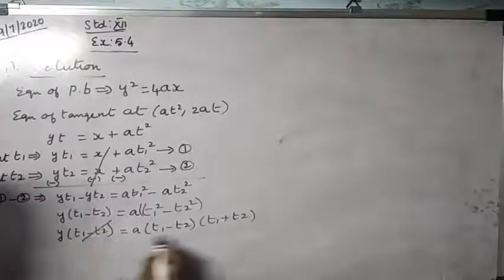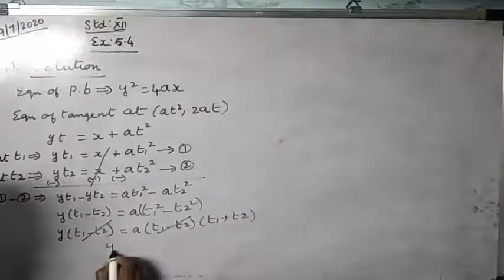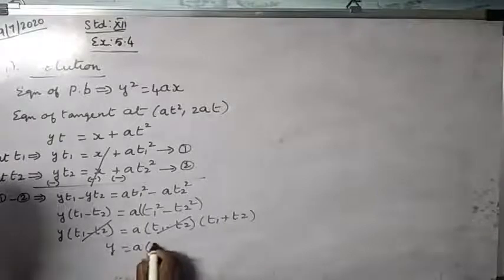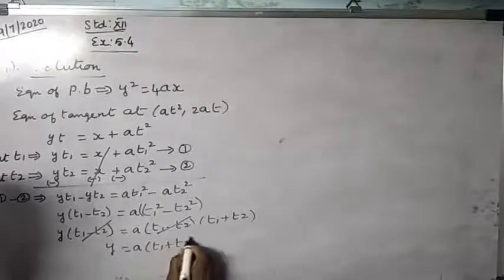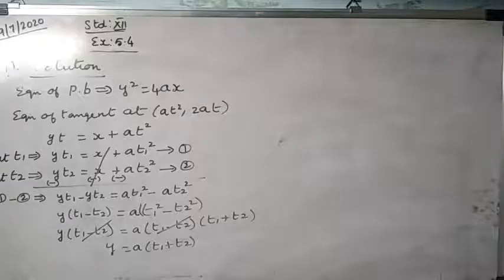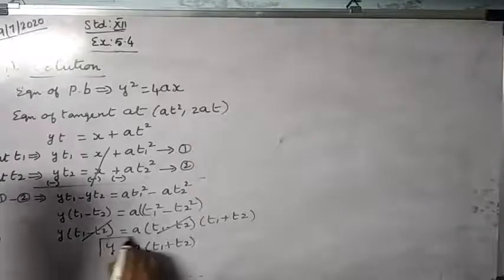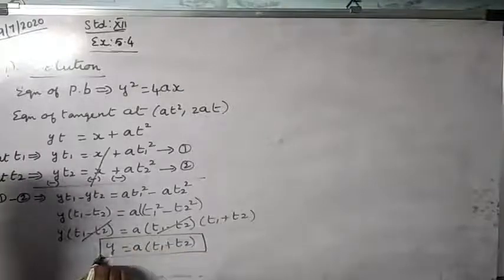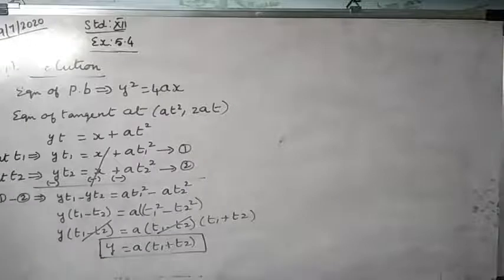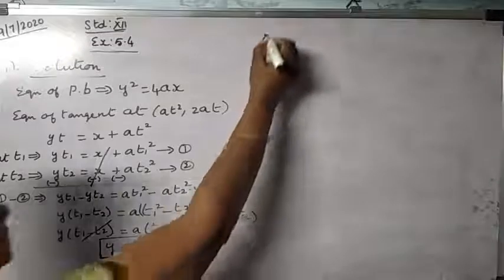Now cancel these two terms. So y is equal to a of t1 plus t2. So y coordinate, we got the answer. x comma y, there y is equal to a of t1 plus t2. Now substitute this value in first equation.